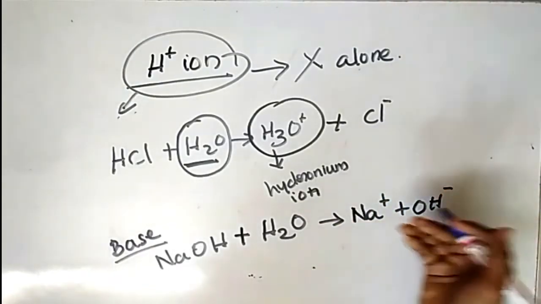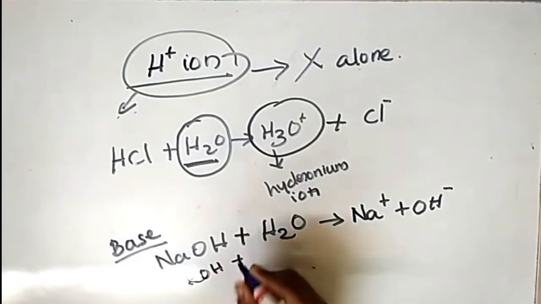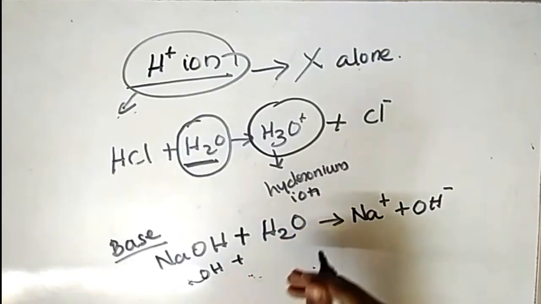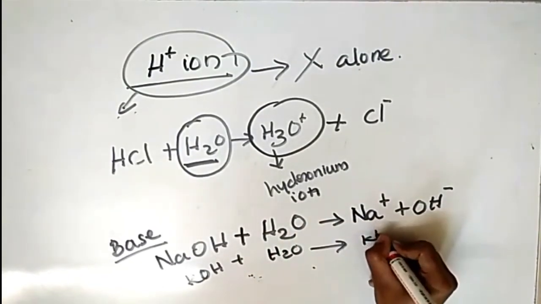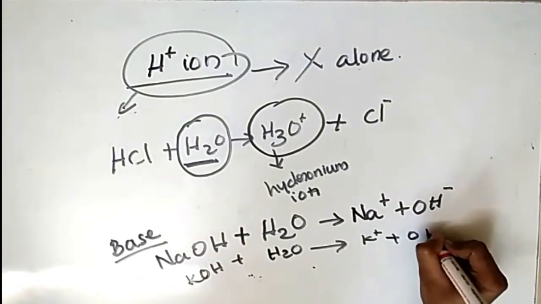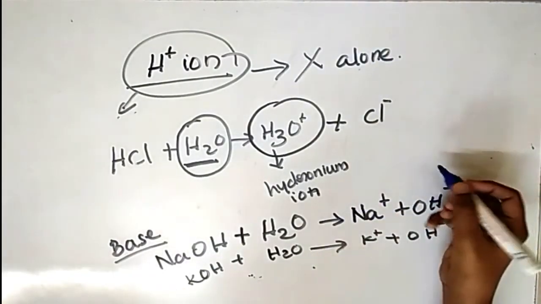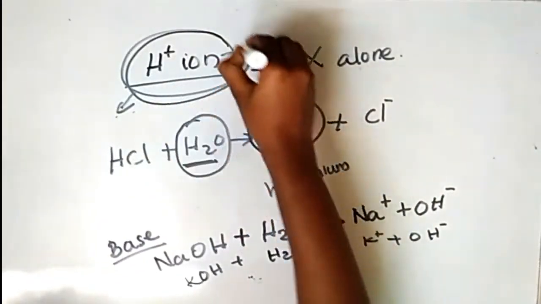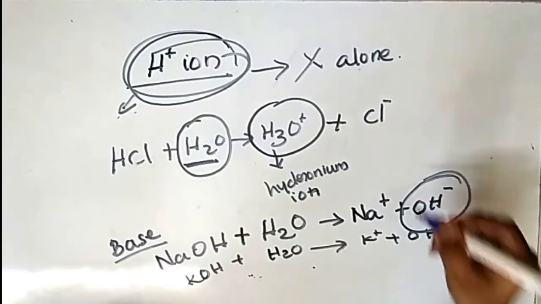We can take another example of a base, that is KOH. When KOH, potassium hydroxide, is mixed with water, we get K plus ions and OH minus ions. So acid gives H plus ions in water and the base gives OH minus ions.